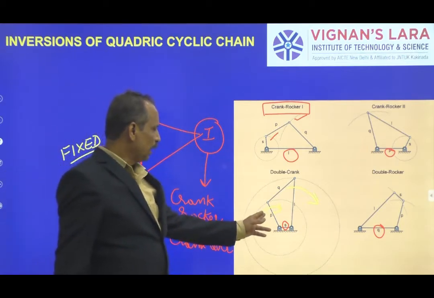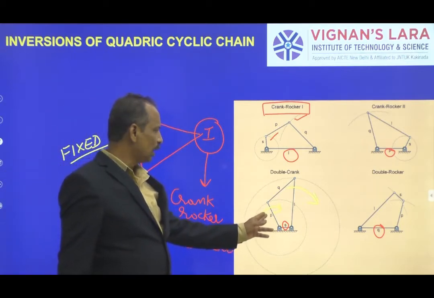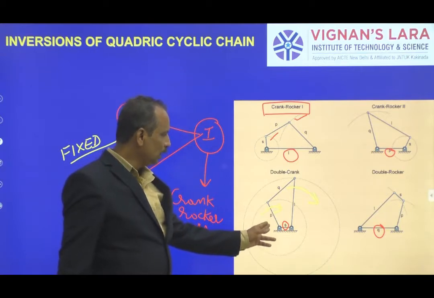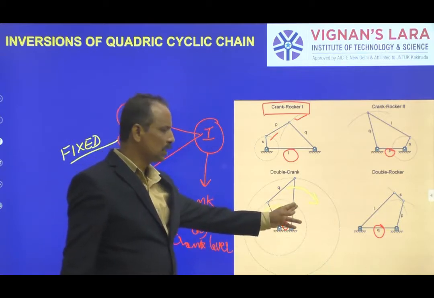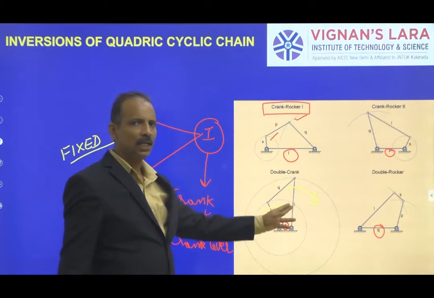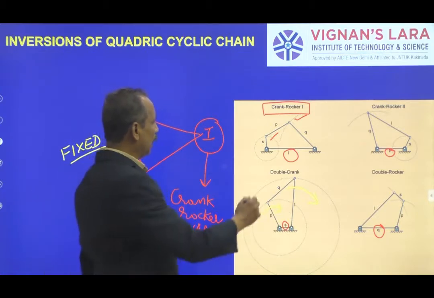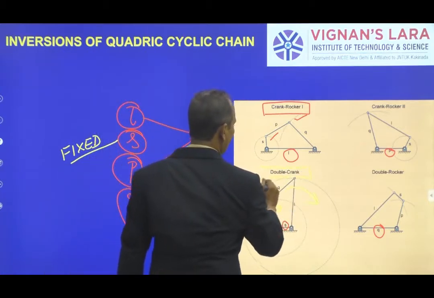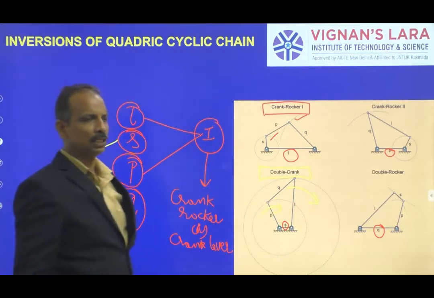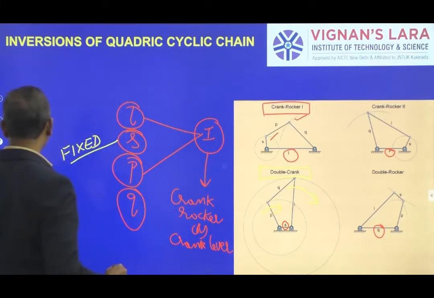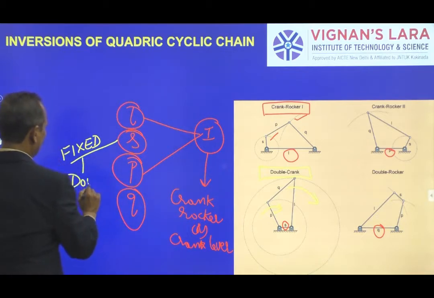When it rotates 360 degrees, we call it a crank. So the input is also called a crank and the output is also called a crank. That is why it is called a double crank mechanism.